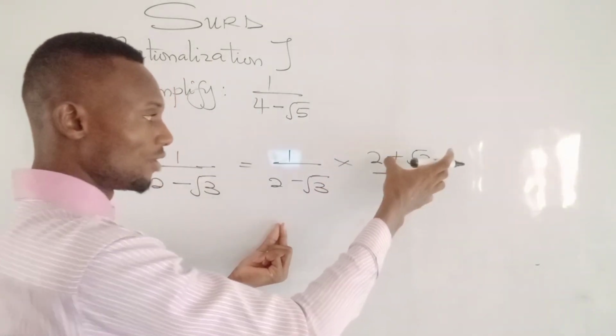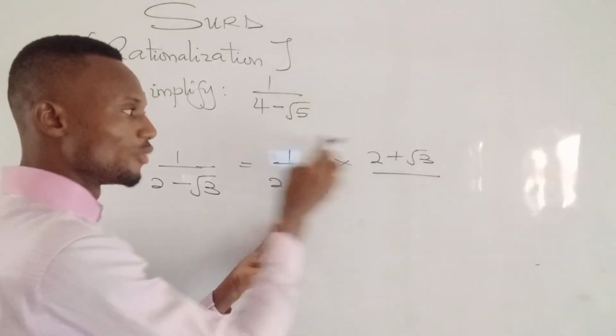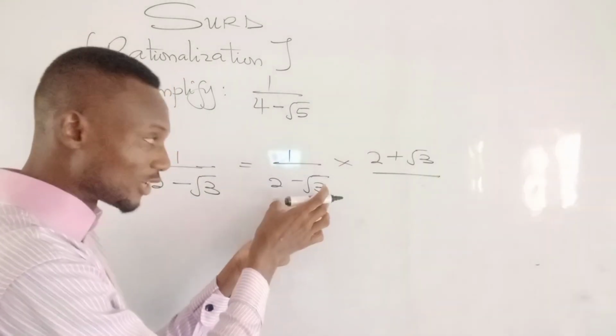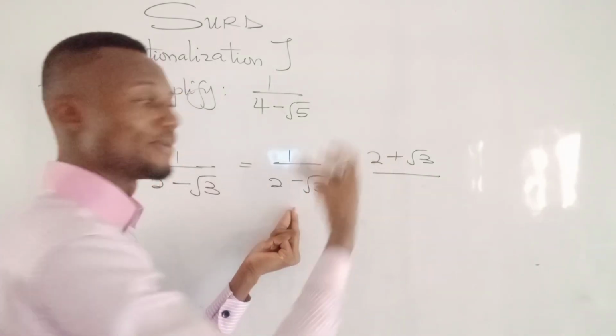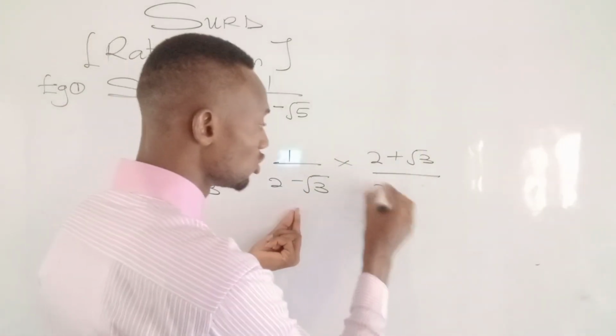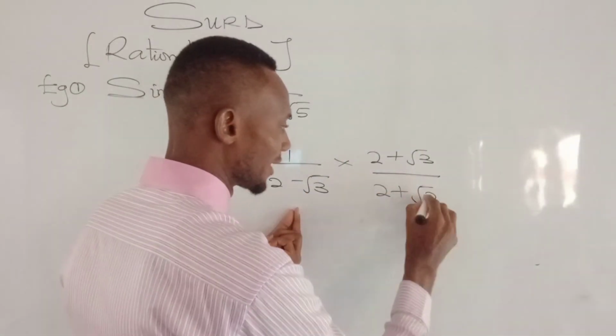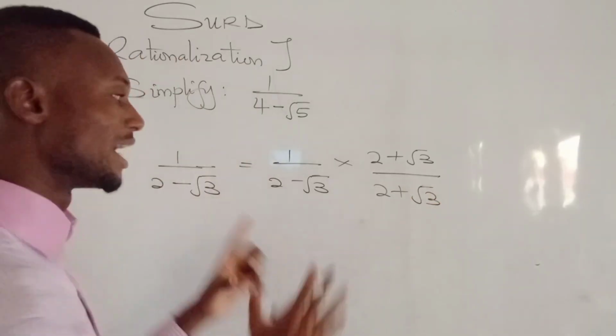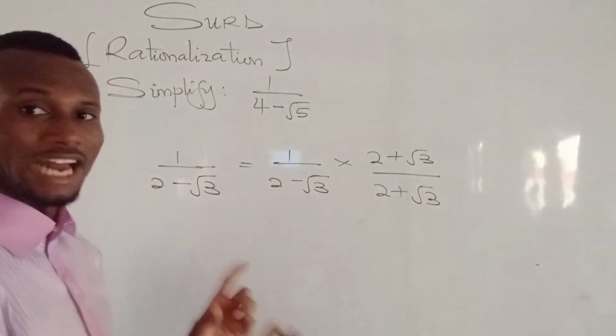We've multiplied the numerator by the conjugate, so the denominator also we are going to multiply by the conjugate, which is 2 plus root 3. This is how you go about it. I hope the explanation is clear enough up to this point.